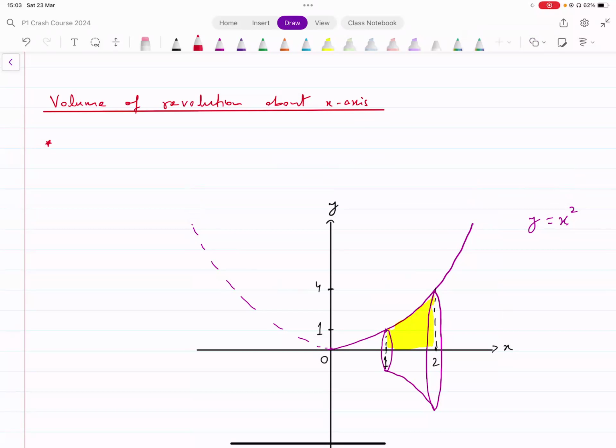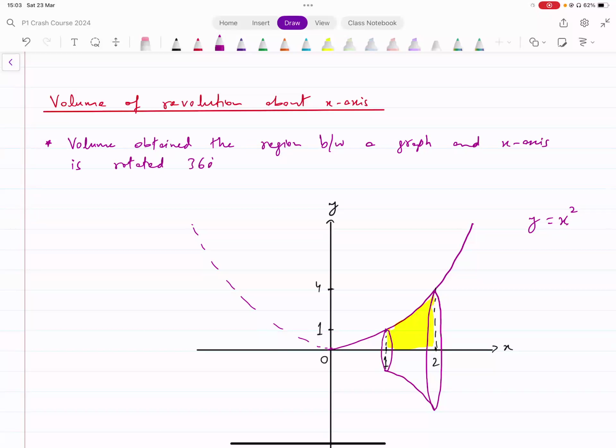So this is the volume obtained when the region between a graph and x-axis is rotated 360 degrees about the x-axis, right?